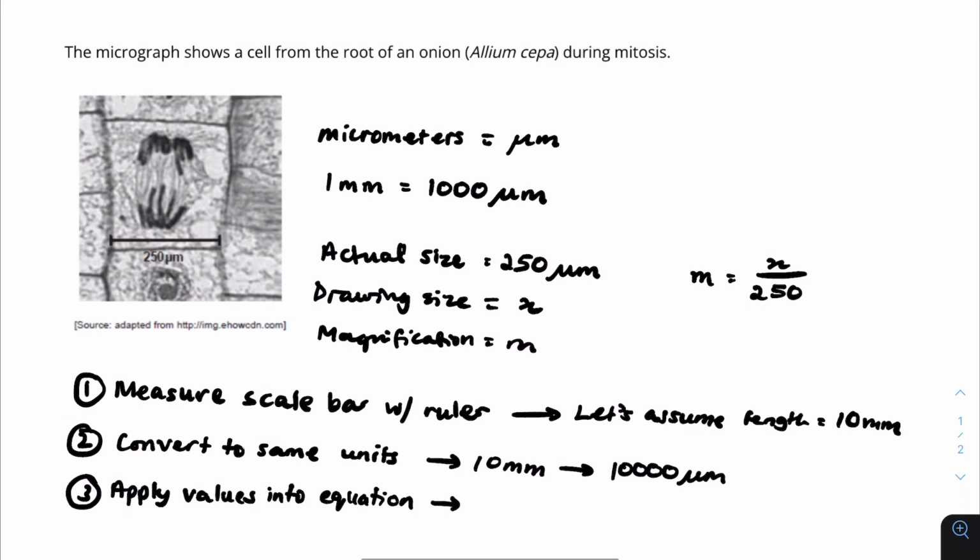So apply values into equation. M is equal to 10,000 over 250, which is equal to 40. So 40 times. That would be our answer if 10,000 was the right value, which it isn't. You would need to measure it on the paper you get when you're doing your exam.